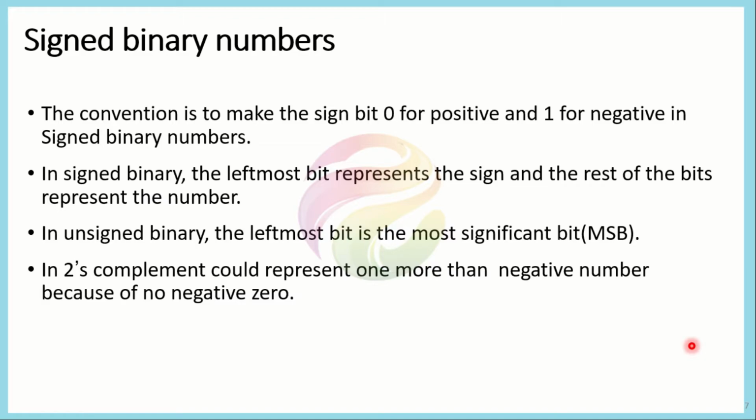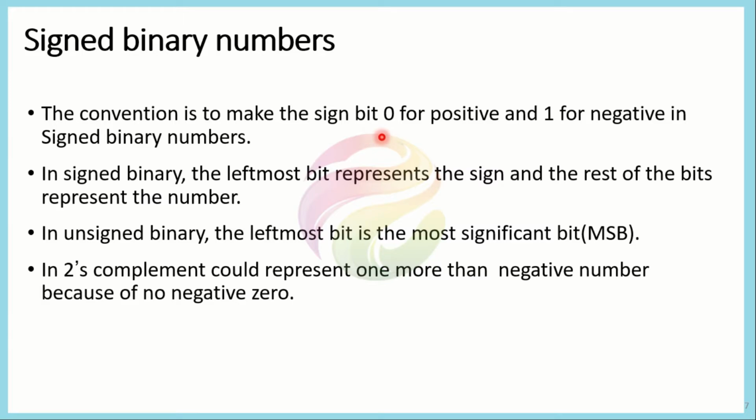But how does our hardware interpret this negative sign? We need to design a mechanism through which the hardware can recognize whether a number is positive or negative. A plus or minus sign cannot be interpreted separately in hardware; it can only be interpreted in the form of bits, because a bit can have a value of 0 or 1. So we define an extra bit in the most significant location.